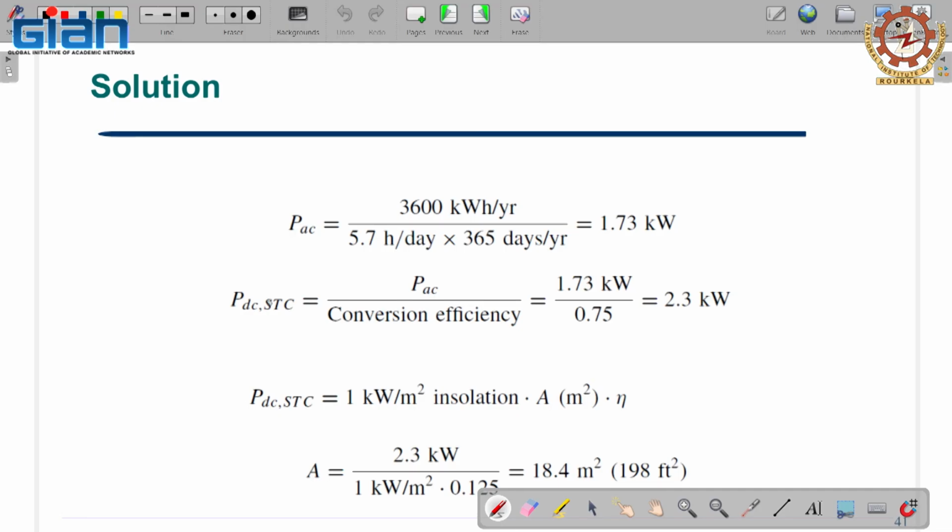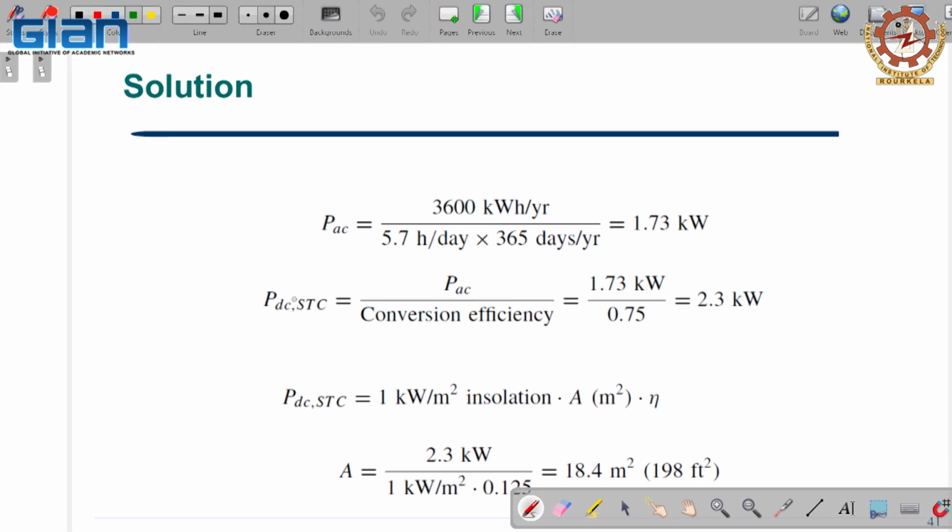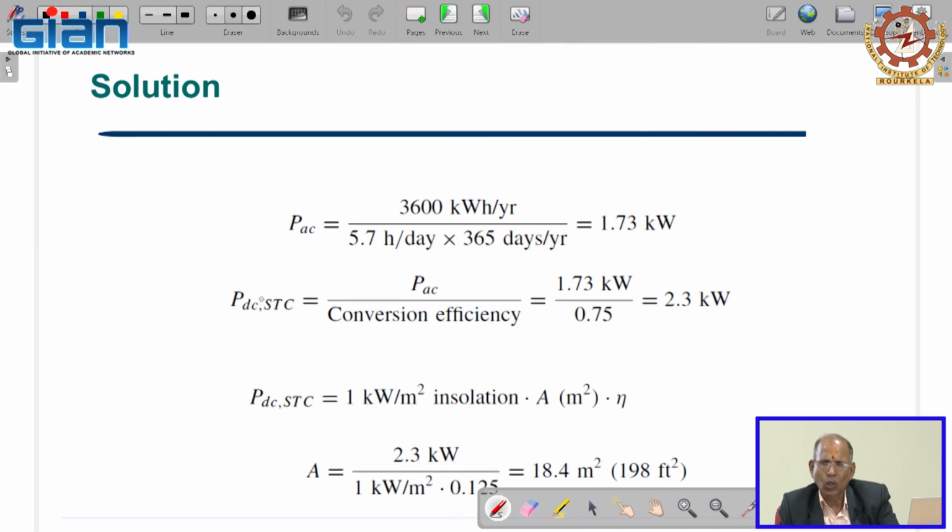So you consider conversion efficiency, including the efficiency of inverters, around 10%. Then power loss because of the temperature variation, dust accumulation, a little bit of mismatch. All these factors you consider, maybe conversion efficiency 30%, 20%, whatever you decide.